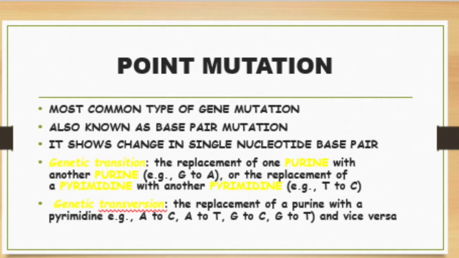That means there is a replacement of a purine with a pyrimidine, or a pyrimidine with a purine. Okay, and point mutation can further be classified into silent mutation, missense mutation, and nonsense mutation. We'll talk about these mutations one by one in detail.